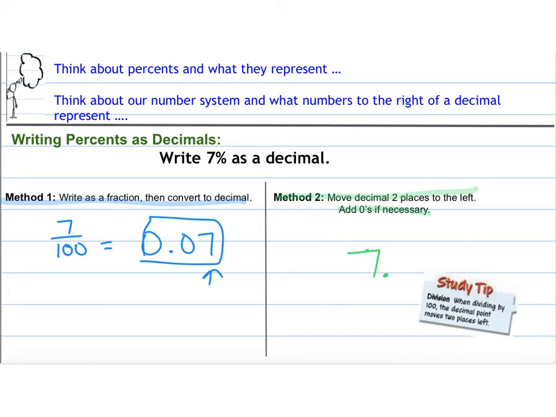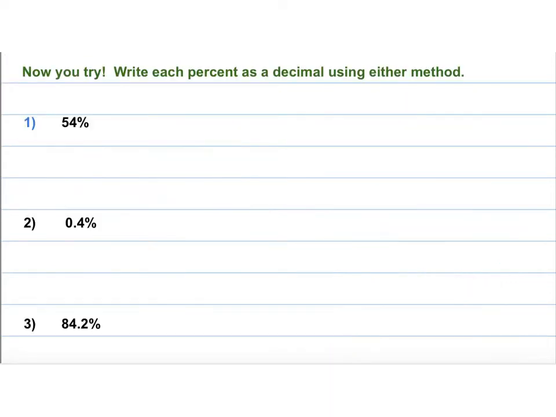There's a decimal place here, even though it's not shown, and we take that decimal and we go 1, 2 spots to the left, add a decimal and a 0. So again, 7/100ths. This is just explaining we're dividing. When you divide by 100, it moves the decimal 2 places to the left. So that's 2 methods that you can use to write percents as decimals.